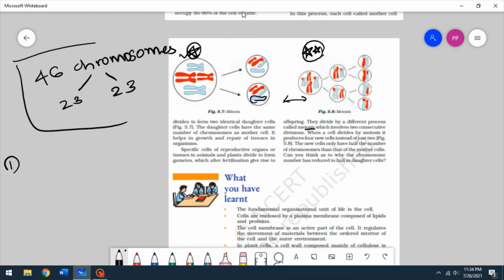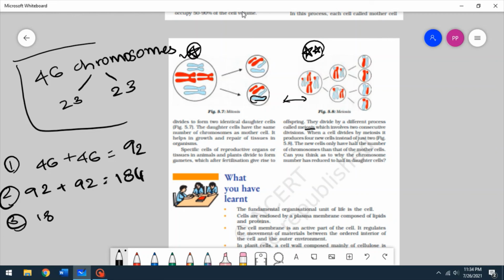So let's say generation 1 humans had 46 chromosomes each. So the mother gives 46, the father gives 46, and the child has 92 chromosomes. So the second generation, the mother has 92, the father has 92, 184. The third generation, the mother has 184, the father has 184, and that gives 368.